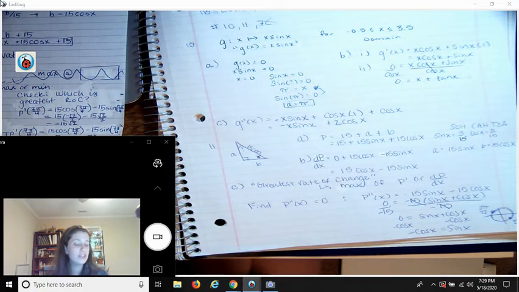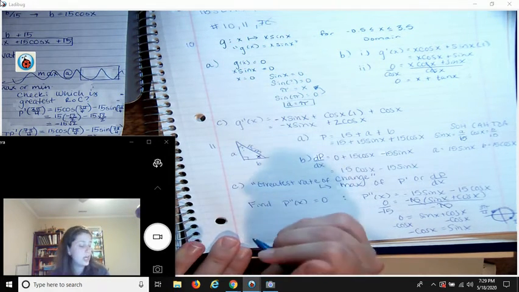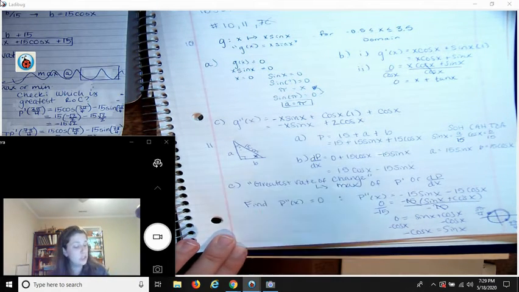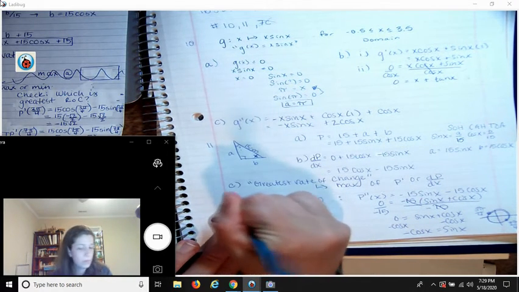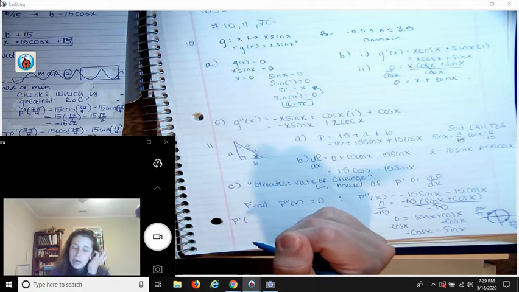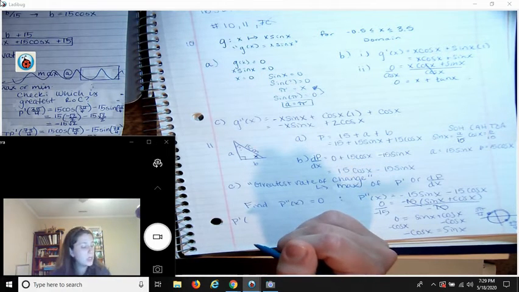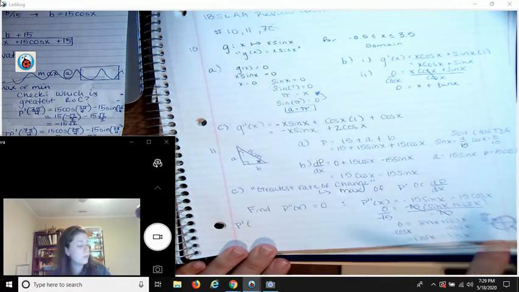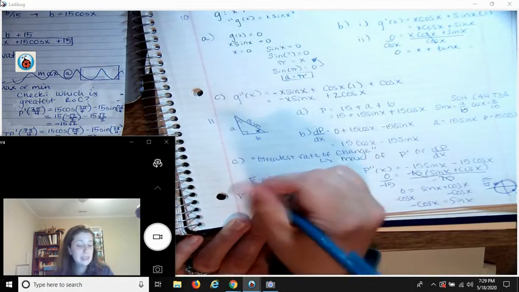Now we have to check which one has the greatest rate of change. In this case, we have to sub them into P prime. I did it all the way out on paper, so I'll just copy my answers from before because it's a lot of work.